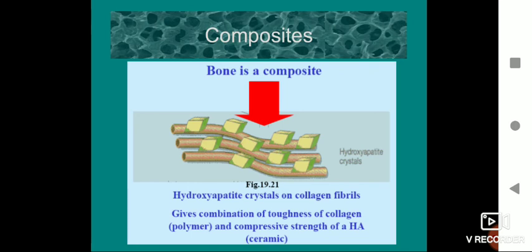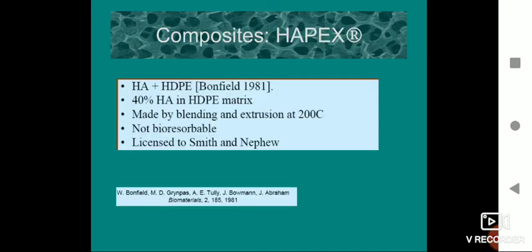So here you can see bone is basically a composite structure, in which collagen is used along with certain ceramic material. Collagen is basically a polymer, and when you combine it with ceramic material, that gives two different types of material in combination and gives us a totally different structure as shown here.